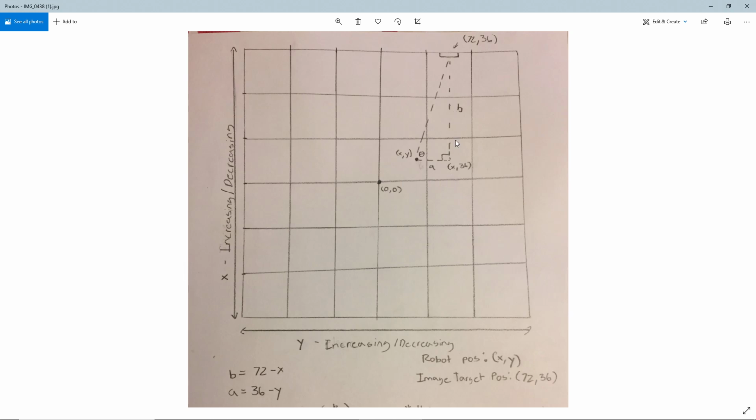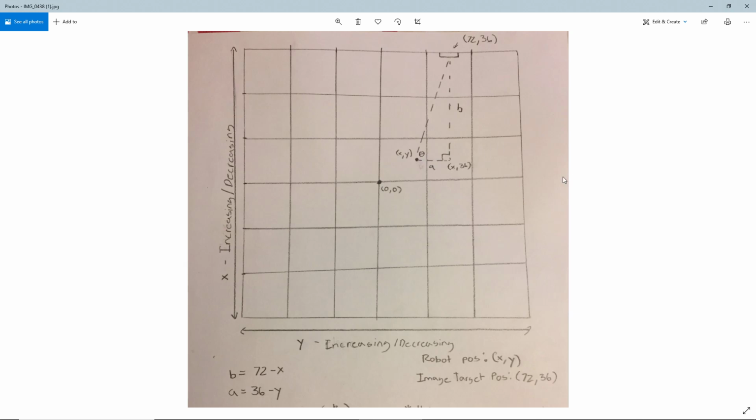So 1.5 tiles is about 36 inches, and that's where the center of our image target is. So if we correctly rotate to the image target, we'd be aiming around the center of the tower goal, which should be pretty ideal. Theta is just the arbitrary angle that we have to rotate to. So this is our objective.